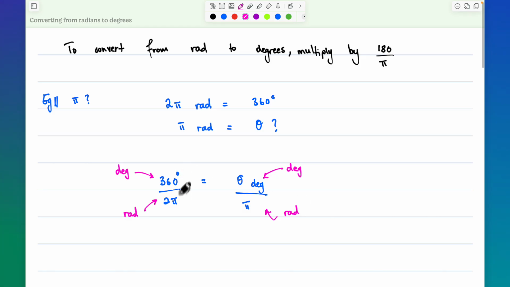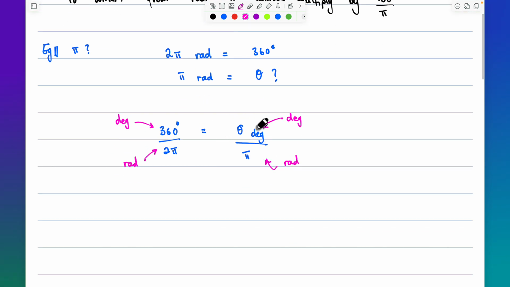The first ratio should equal the second pair, which contains the thing you're looking for. The reason I put degrees on top is that degrees is what you're looking for, so it's easy to move the one you know to the bottom, because now you can multiply both sides as we're about to do.